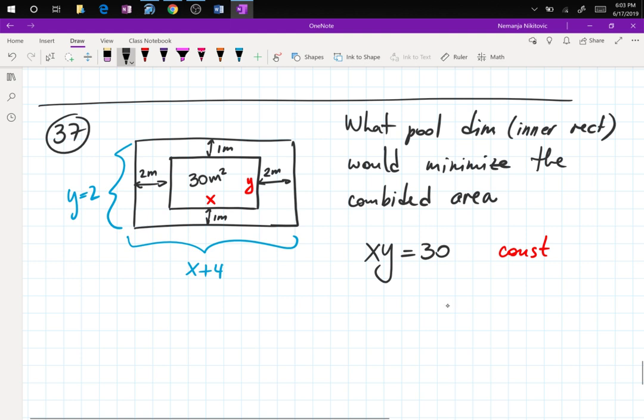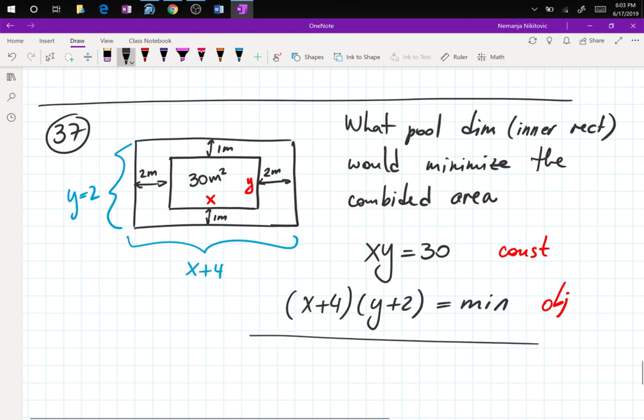So my constraint equation over here is x plus 4 times y plus 2 needs to be minimum. Sorry, that's objective, not constraint. Objective equation. So the pool, the inner rectangle, is given as x times y equals 30 meters squared.